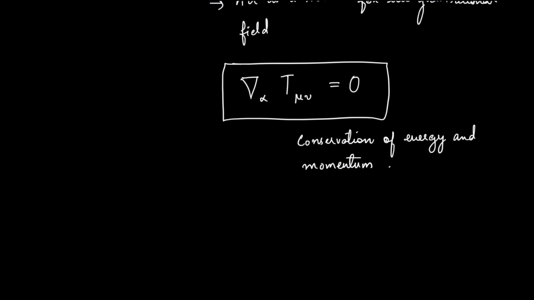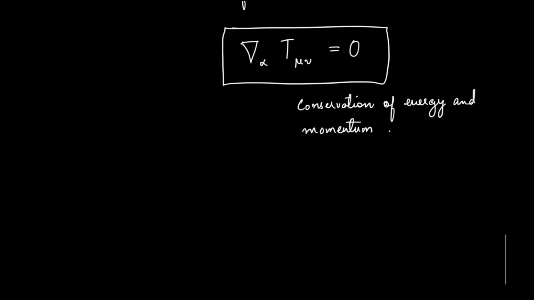And we also assume that this tensor T mu nu is symmetric with respect to its indices. So therefore in 4 dimensions there will be 10 independent components, and this additional property will lead to the number of independent components being reduced to 6.